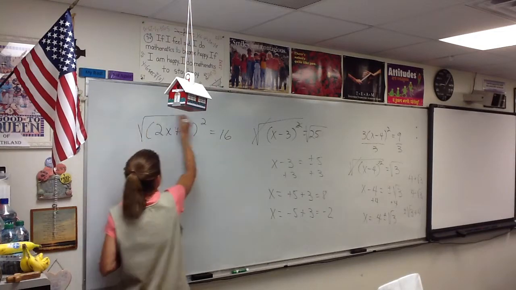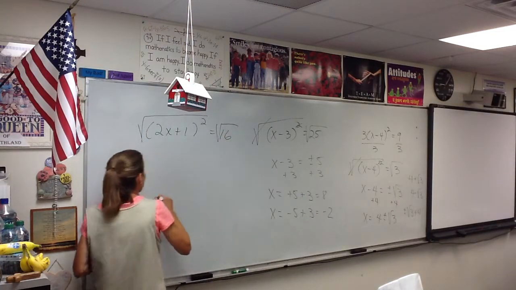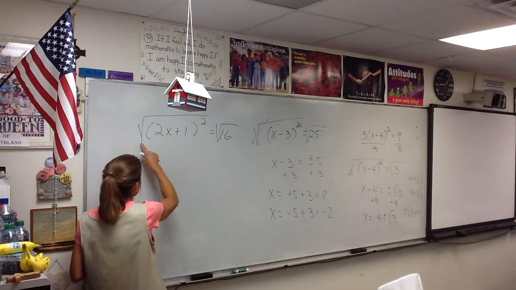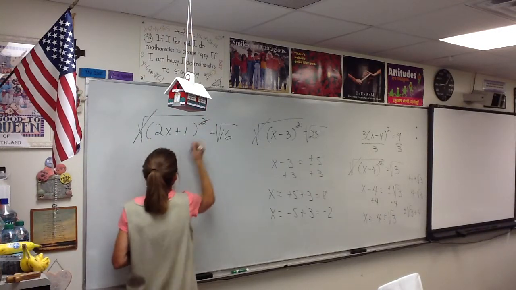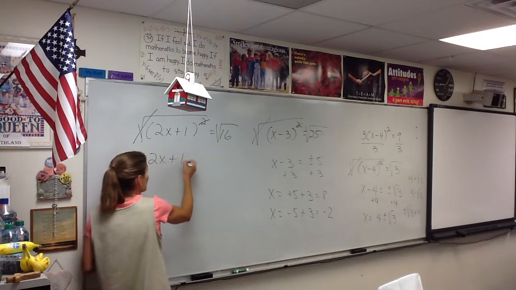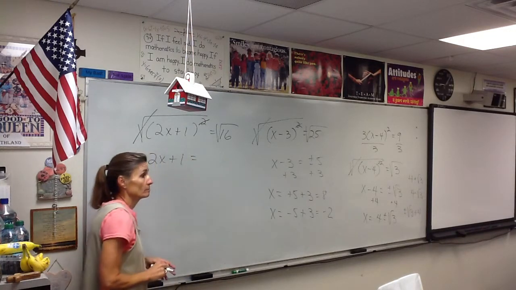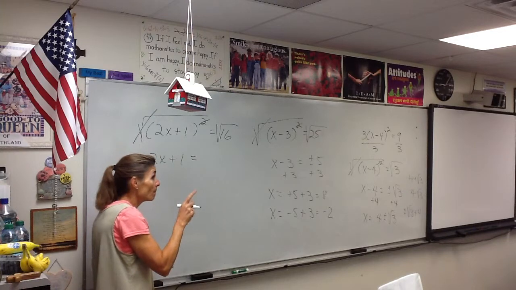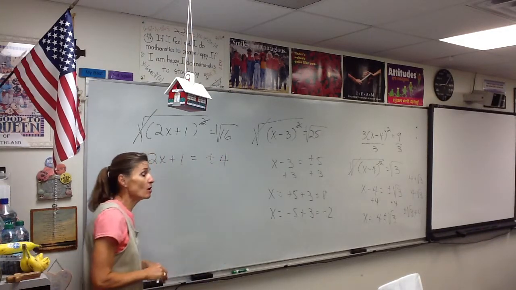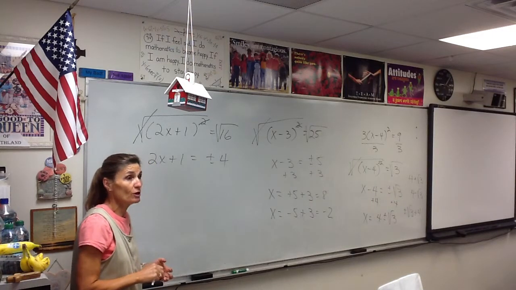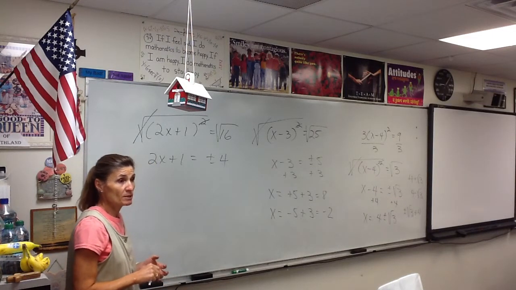Square root both sides. And other Katie, what happens when I take the square root of a square? It cancels, leaving me with only 2x plus 1 equals 4. Be careful. Oh, plus or minus 4. Yes, plus or minus 4. Remember when we solve an equation using this procedure, one side has to have the plus or minus.